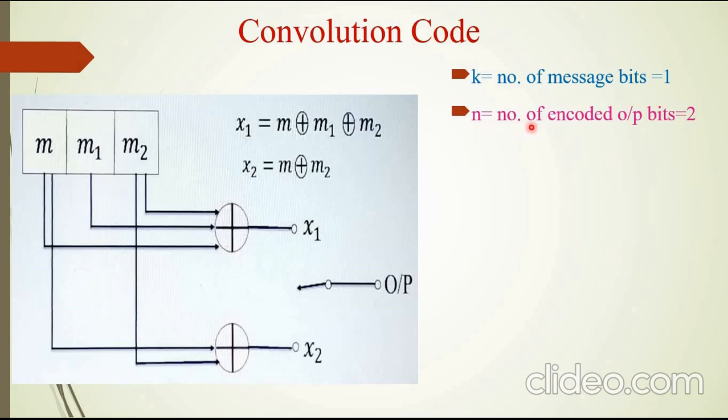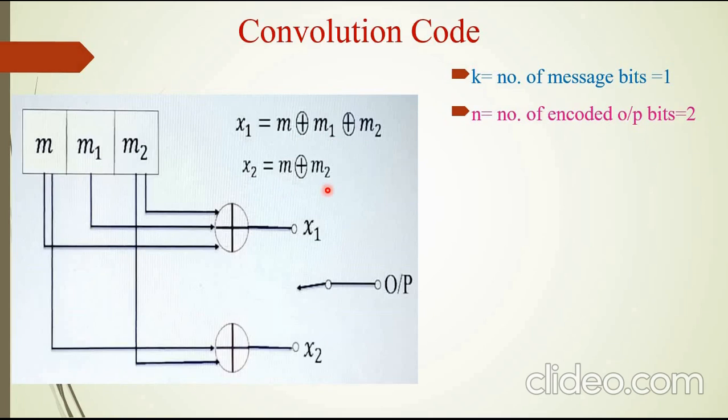Now here n equals the number of encoded output bits. One can see the encoded output bits are x1 and x2, where x1 is the modulo-2 sum of m, m1 and m2, and x2 is m plus m2.